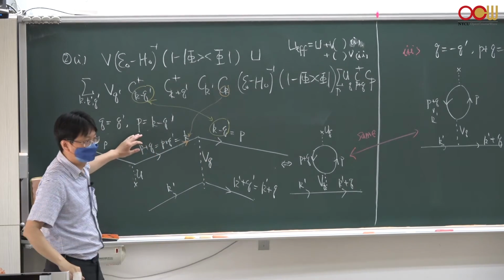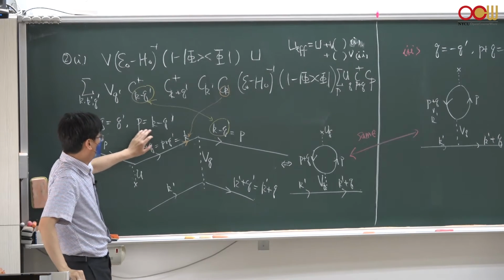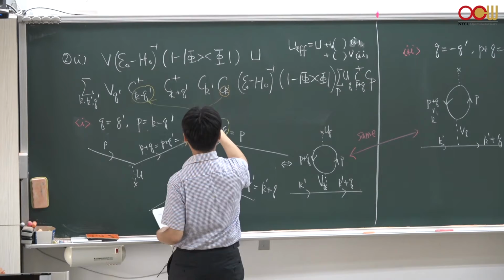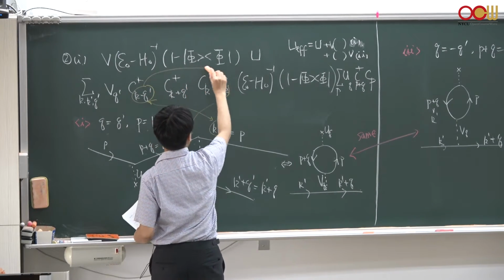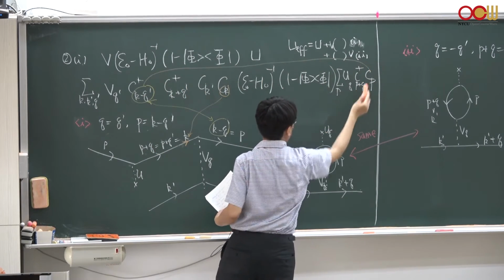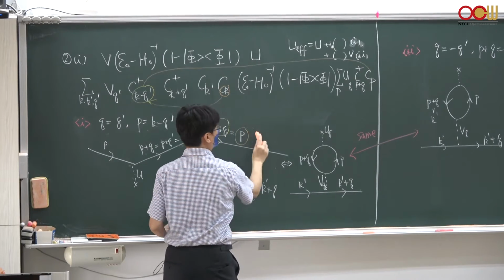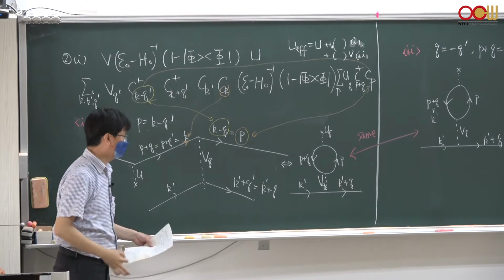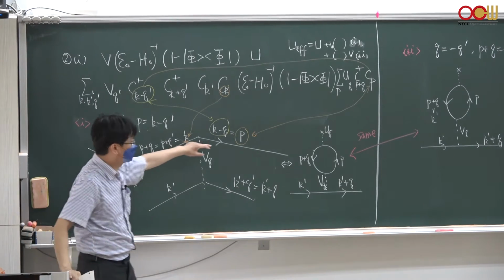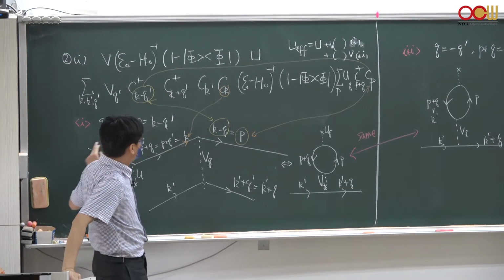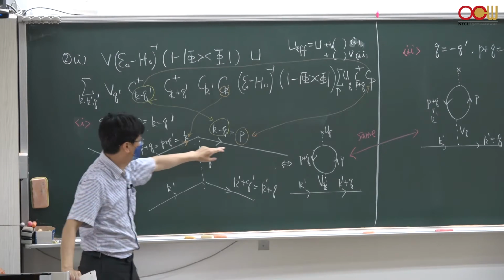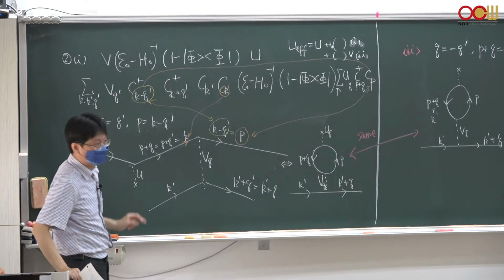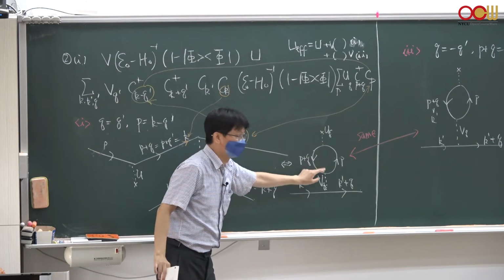But we assume that K minus Q prime is the same as P, which leads to a circle around those operators. This P is nothing but the initial electron state, so the final state is the same as the initial state, and we could simply connect these two lines and form the loop. And that's precisely what this loop is about.